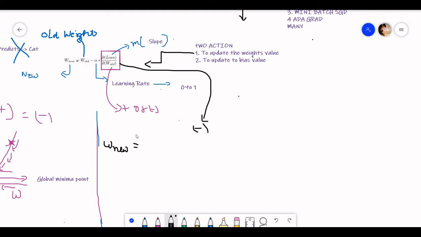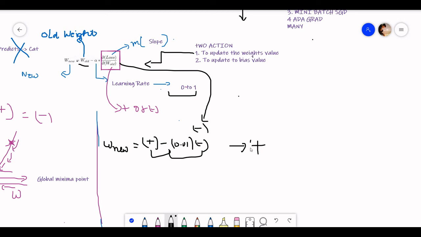So W old has a positive sign, it will become positive. Now minus learning rate, let's say our learning rate is 0.01, a positive value. The learning rate will always be a positive value. And our derivative of loss with respect to W old is negative, and minus and minus will become positive.